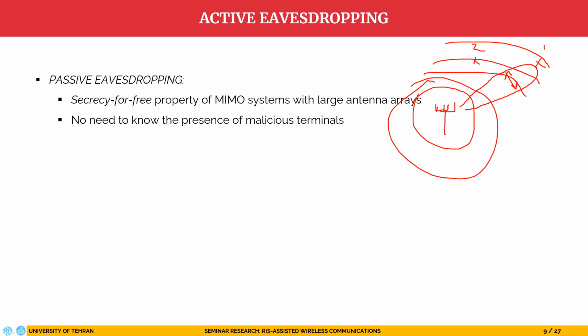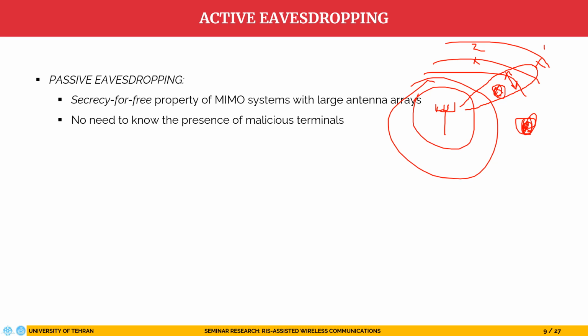So if a passive eavesdropper is here, it cannot eavesdrop the signal which is transmitted to user 1. For eavesdropping, the eavesdropper should come here in the direct way, between the base station and user 1.